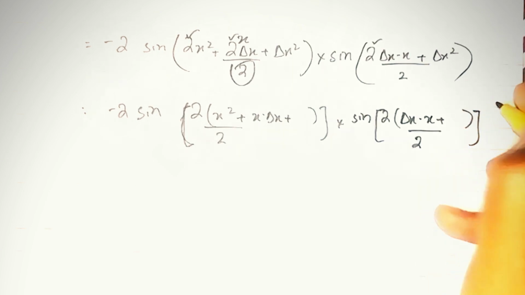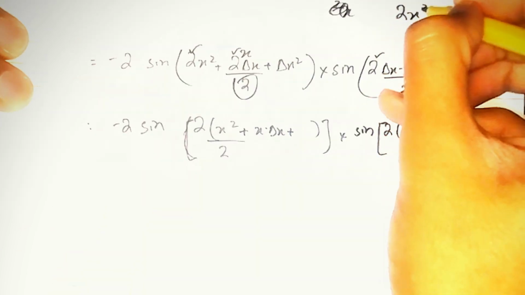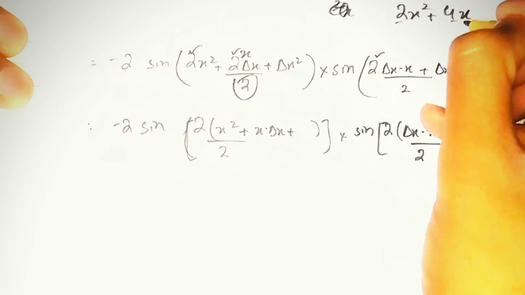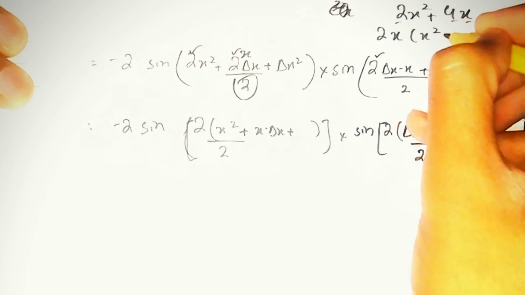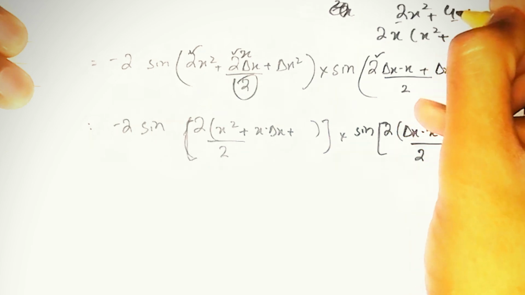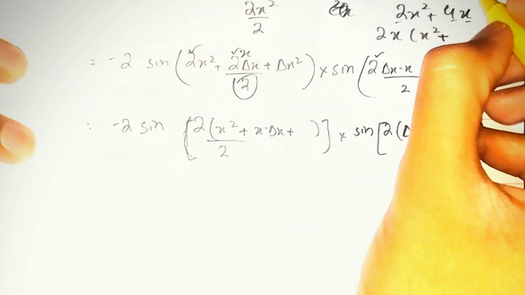Now if I'm taking something common, for example, if I have the terms 2x squared and 4x, we know that 2 is common and x is common, so I'm going to take out 2 and x. What's remaining? X squared, and we actually divide each term, right? We are dividing 2x squared by the thing which we are taking out common. And then we are dividing every term by what we are taking out common.